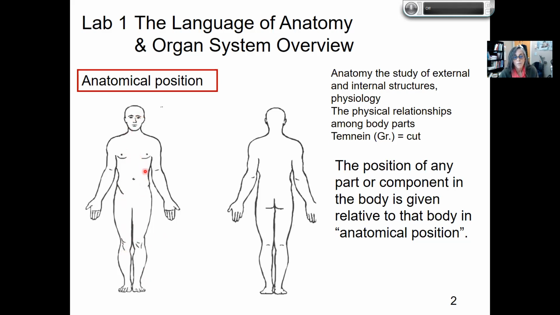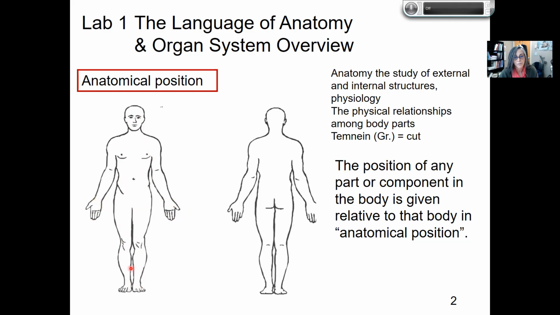Facing forward, your anterior portion is facing in front. Your palms are facing forward also, or we could say the palms are up. I say it's easier to understand if you look at your thumb and think about it as hitchhiker's thumb. Hand open, the palms are out. So just remember that.